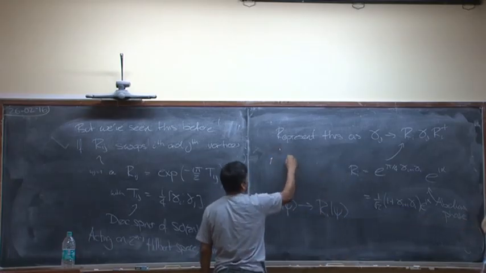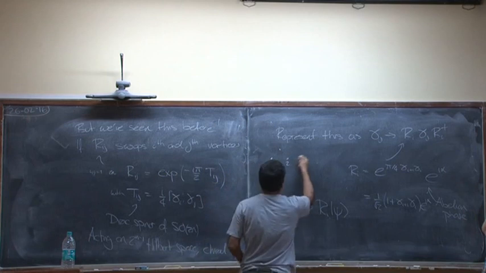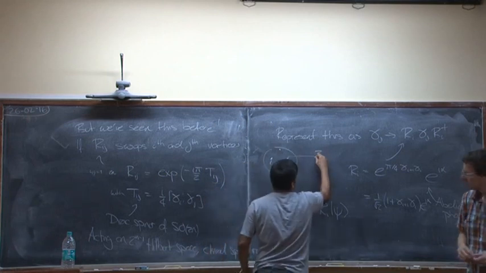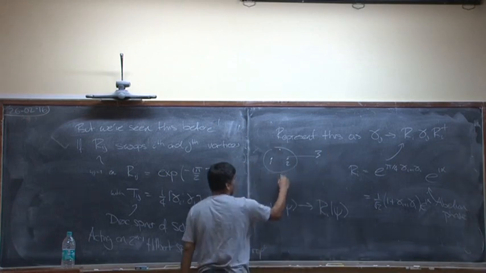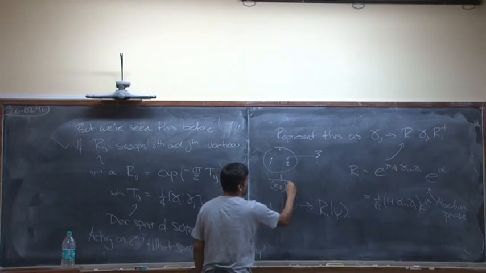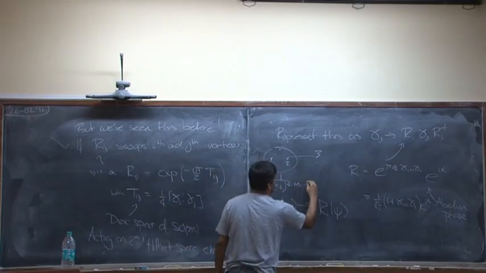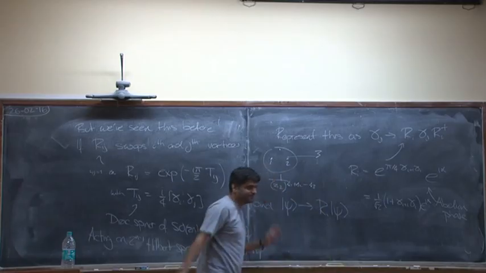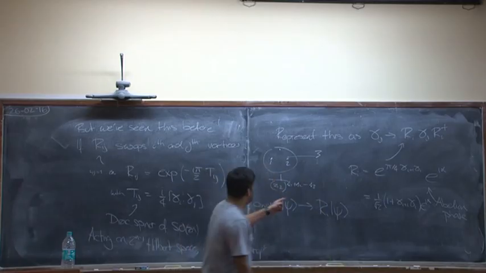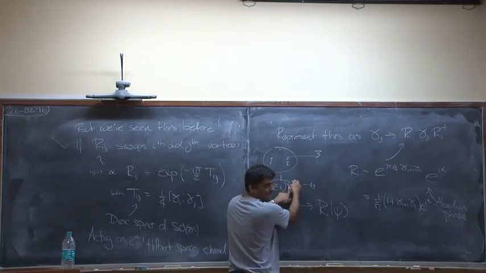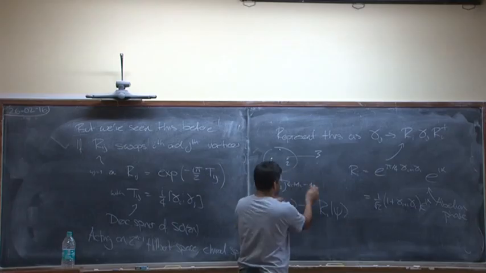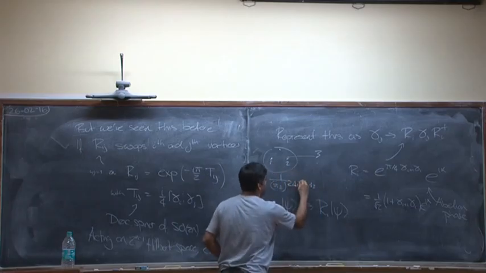Suppose I have 1 and 2, and I'm fusing them to give a 3. Then I get 1 over z12 to the power delta 1 plus delta 2 minus delta 3. Delta 1 is the dimension of the spin half, and delta 2 is the same, 2 delta half.